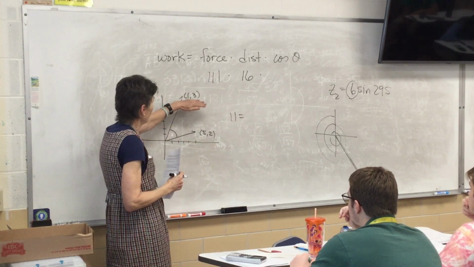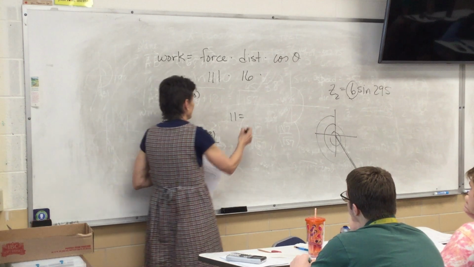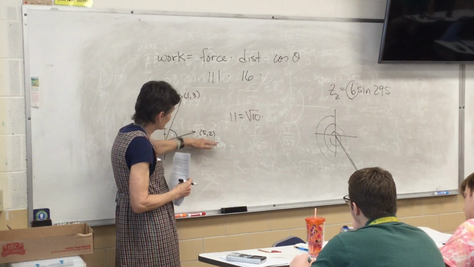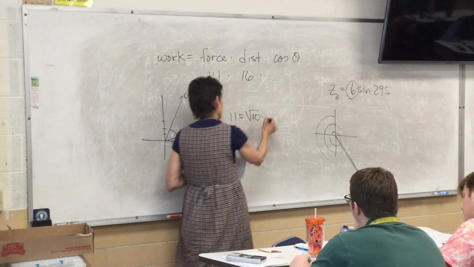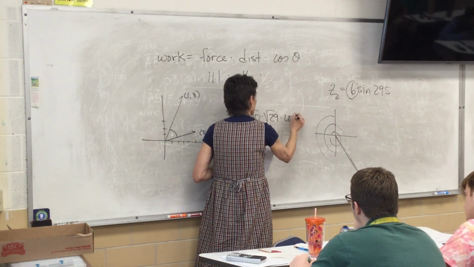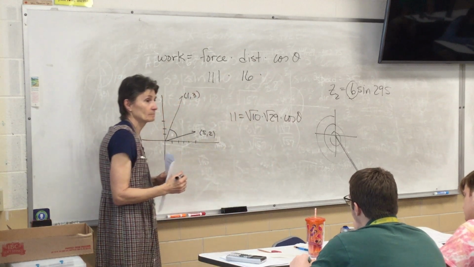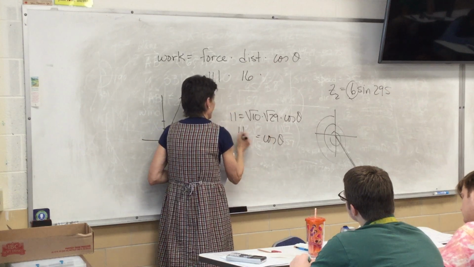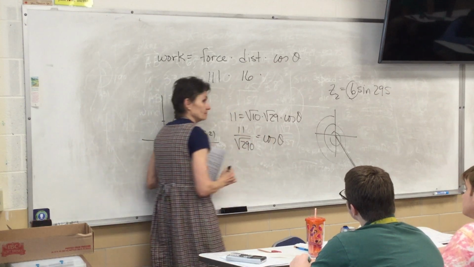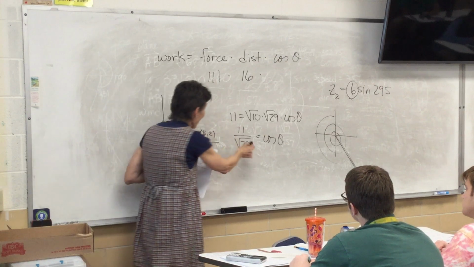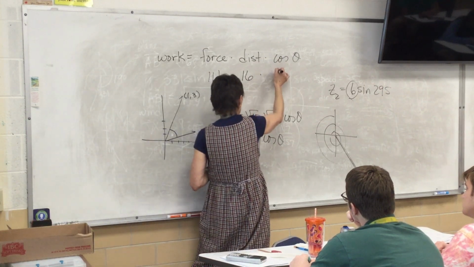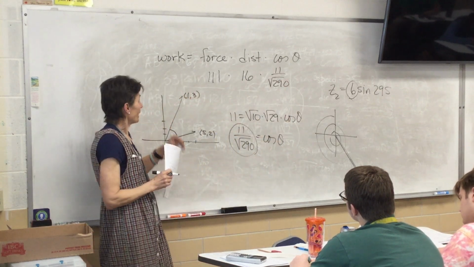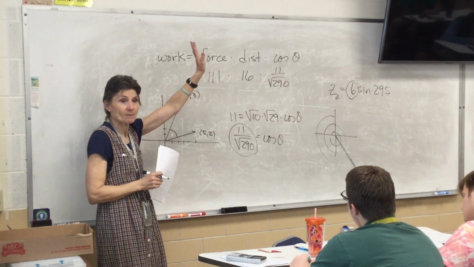And that's going to equal the magnitude of this vector, which is root 10, times the magnitude of this one, which is root 29, times the cosine of the angle between them. So the cosine is 11 over root 290. And that is the number I need right here. So one option I have is just to type that in, and that's going to be the answer.